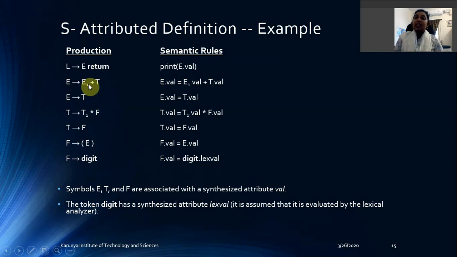Then it is an inherited attribute. But here we are calculating the value of e based on its child nodes. We should know e1's value and t's value, and therefore it is a synthesized attribute. So these were the points we discussed in the previous video.